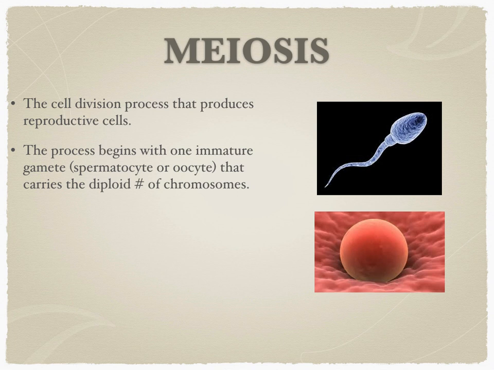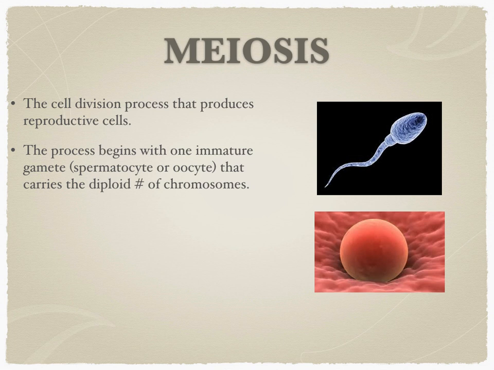The process begins with one immature gamete. It doesn't begin with just any cell. The cells that become sperm cells or egg cells are the product of a special cell designed to go through a maturation process and become a mature gamete. These are called spermatocytes for sperm cells or oocytes for egg cells.